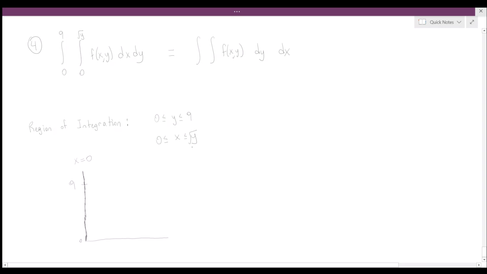And then we've got bounded above by the square root of y. So when you look at what x equals square root of y would be, if you square both sides, it'll look more familiar to you. It'll be y equals x squared. And you know that y equals x squared is just a parabola. So what I'm going to do is draw the parabola, something like that.